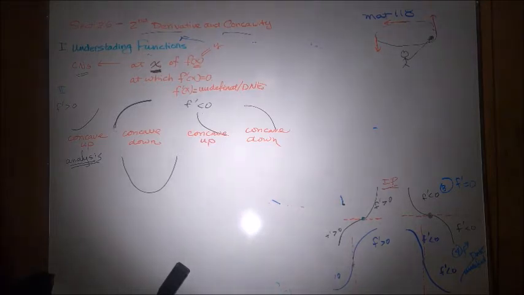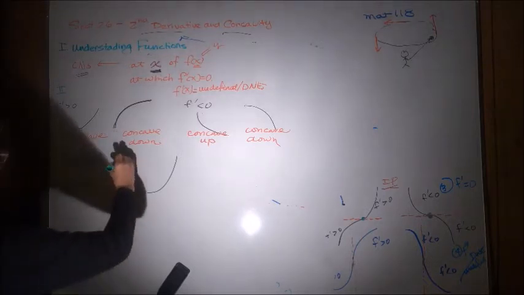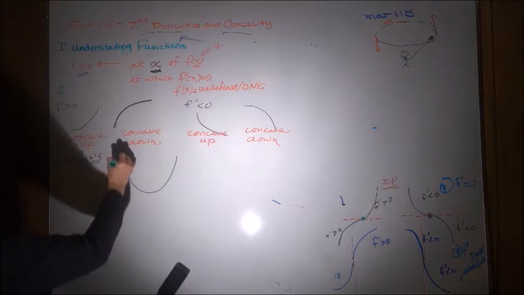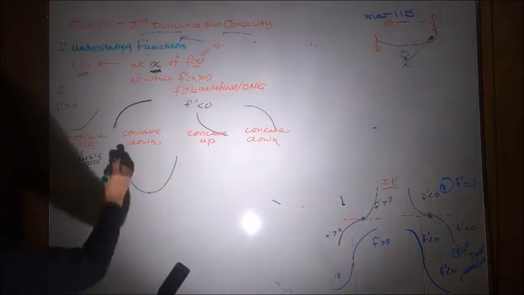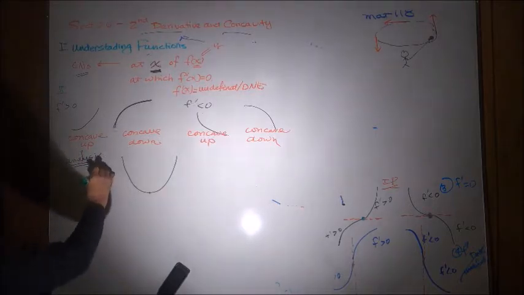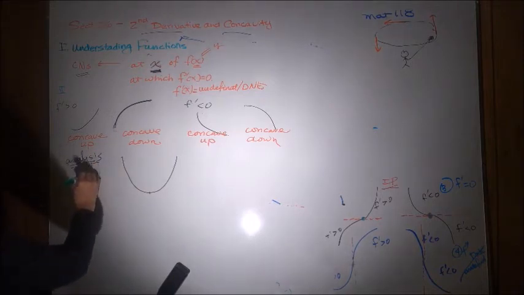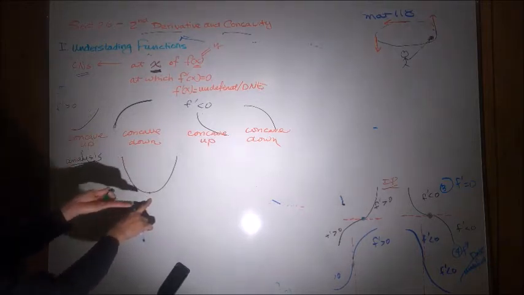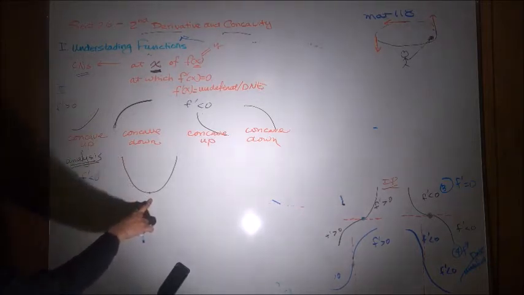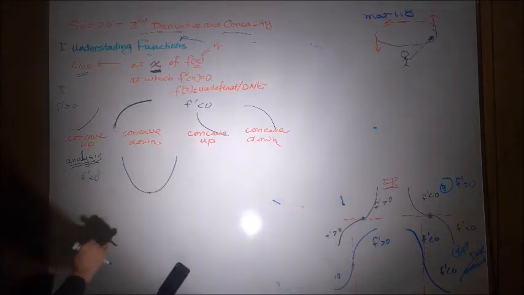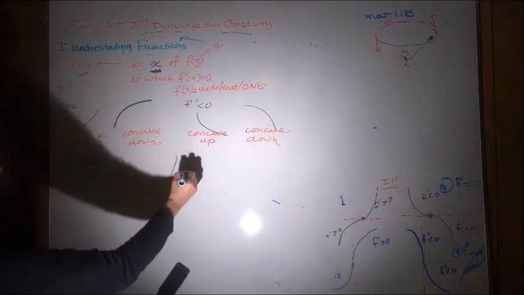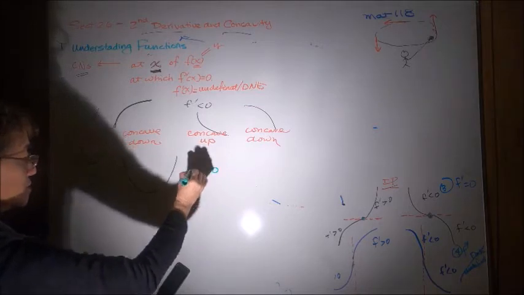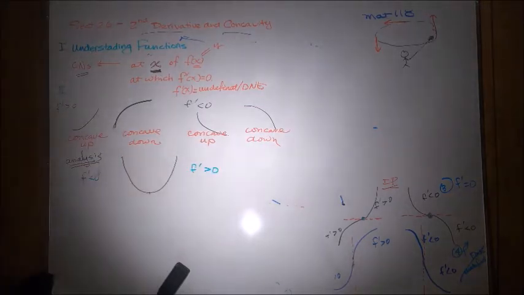So it's like this way. It goes from up to down, right? Up to down means what? Your f prime is what? Less than 0, right? From point A to point B, if it dropped, that means the rate of change is negative. Then this one, it goes up, the rate of change is what? Positive, right?